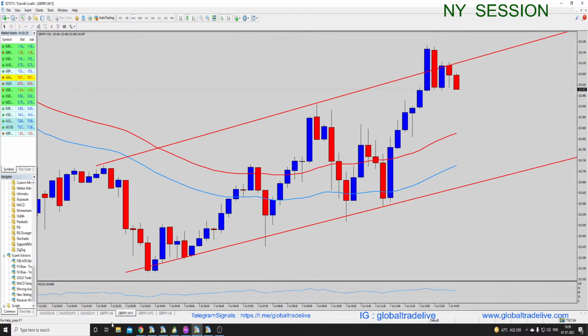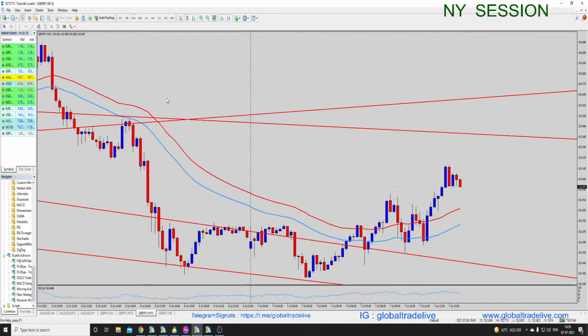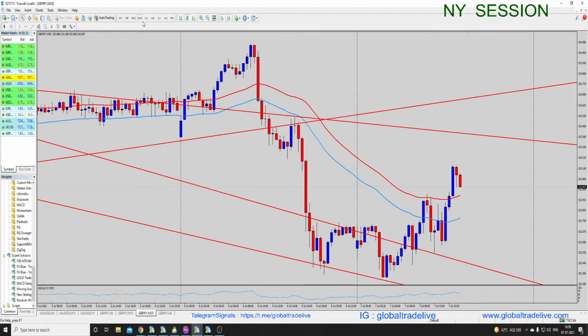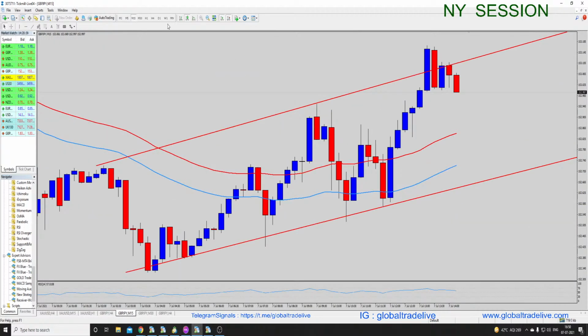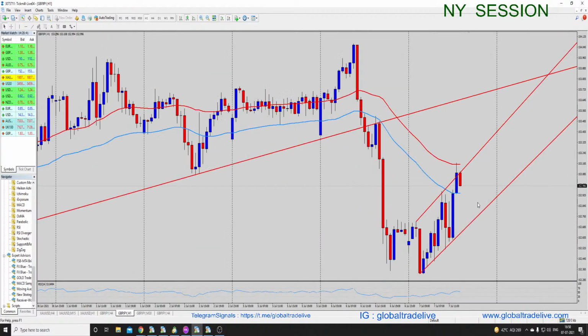The 15-minute candle just broke the low here. The 30-minute candle is also about to break the low. The 4 hour is reversing back. I think it will be going down.